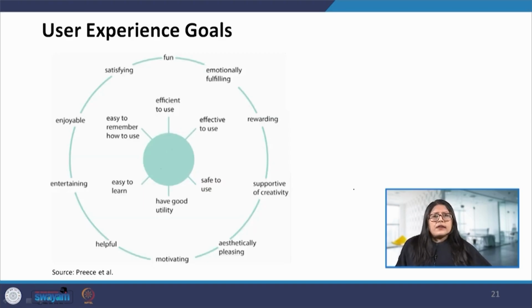Now, user experience goals. You can see here, around the circle we have efficient, effective, safe, all these points which are the usability goals, and in the outer diameter we have emotionally fulfilling, rewarding, aesthetics, helpful, satisfying, all those points. So, the outer circle is what refers to the user experience goals.